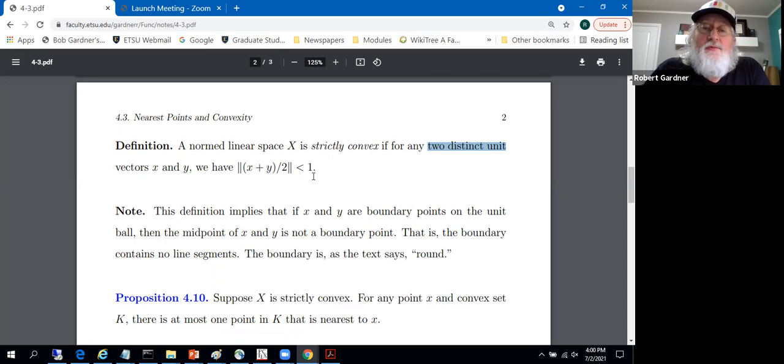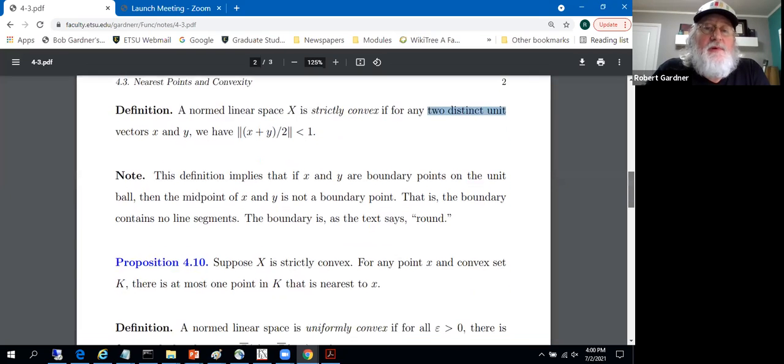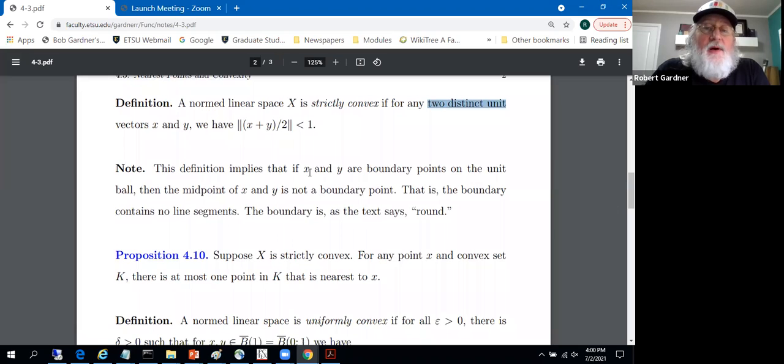So there's an informal idea of how to interpret this strictly convex definition. It implies that if X and Y are boundary points on the unit ball, okay, so that'd be unit vectors determining boundary points on the unit ball.